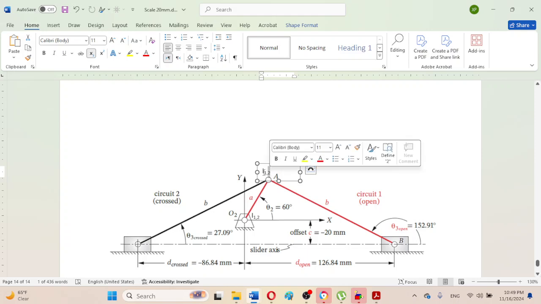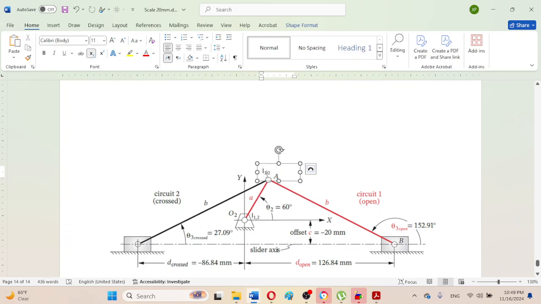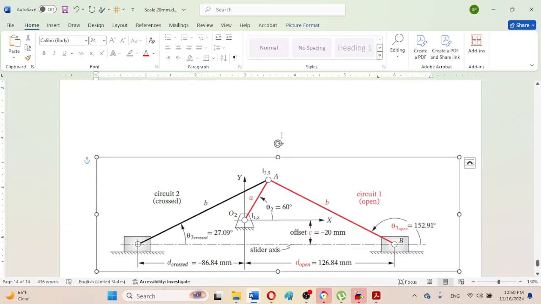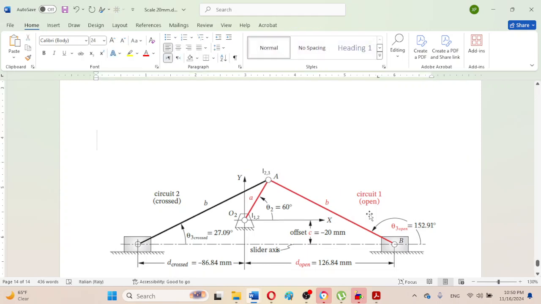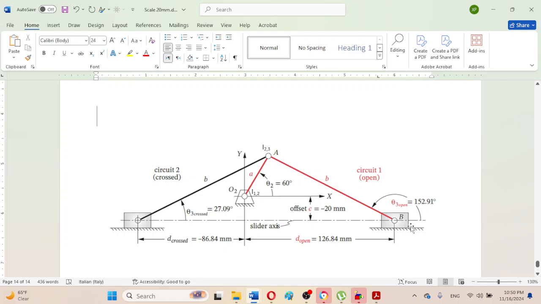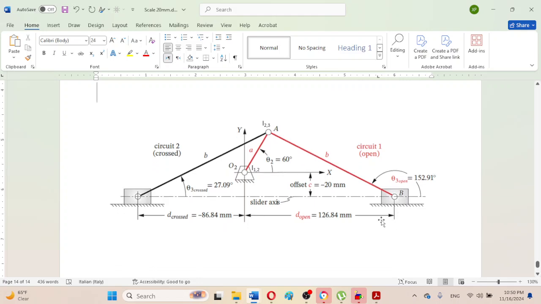So change this: this is link number 2 and this is link number 3 orderly. So this is instant center 2, 3. Similarly, the slider is link number 4, which I will explain a bit later.